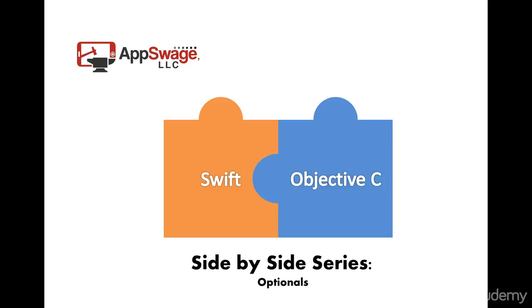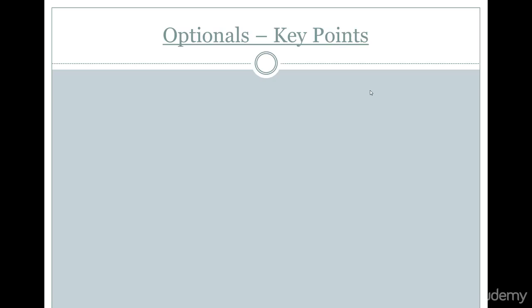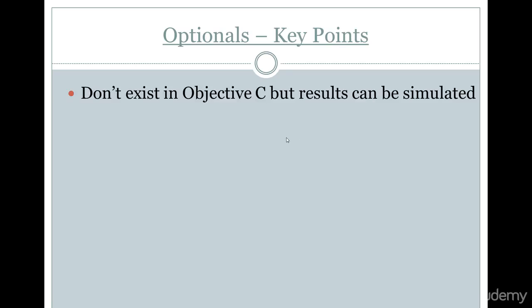So before we get into code samples, let's take a look at some things about optionals and how it also relates to things with Objective-C as well. So with optionals, one of the important points to know is that they do not exist in Objective-C. However, results can be simulated, and we will look at some examples of what that means.